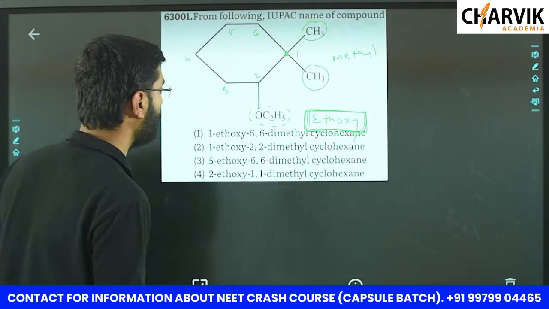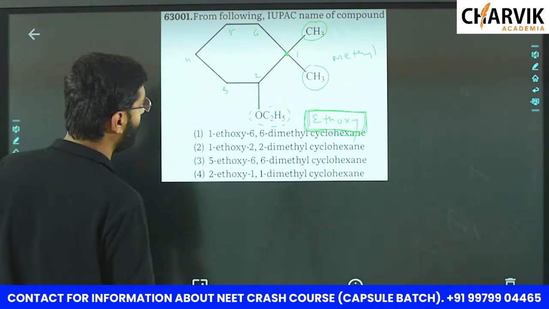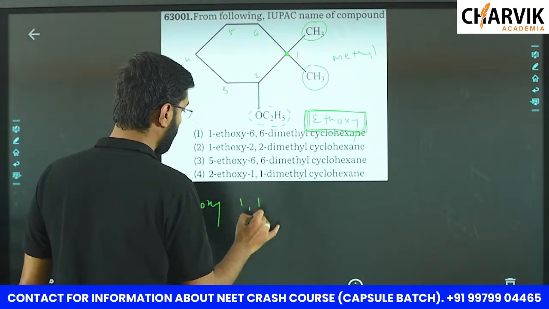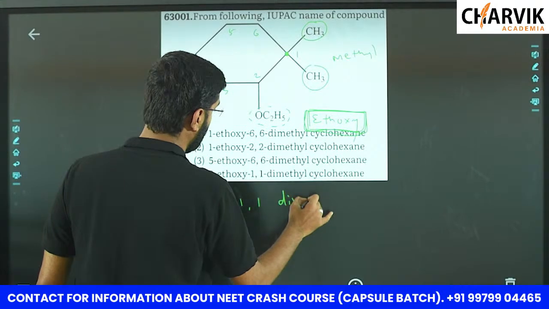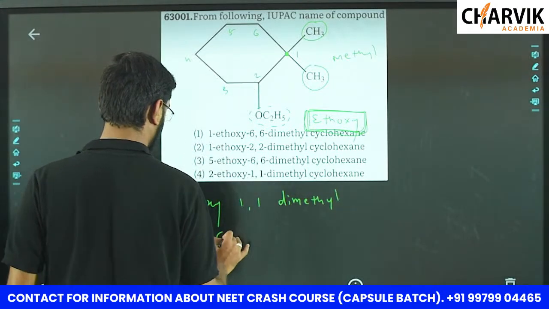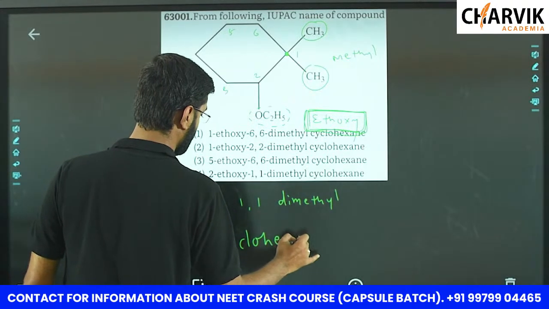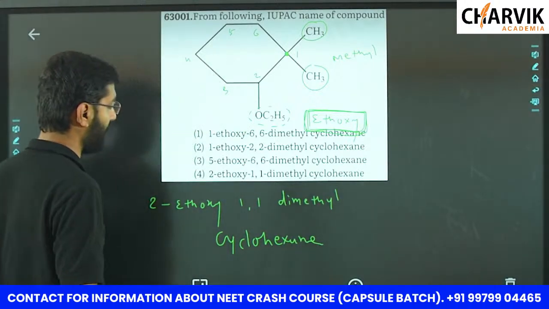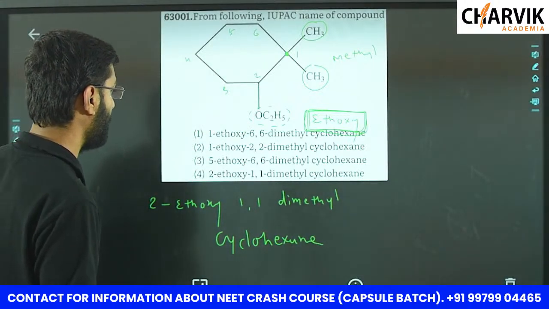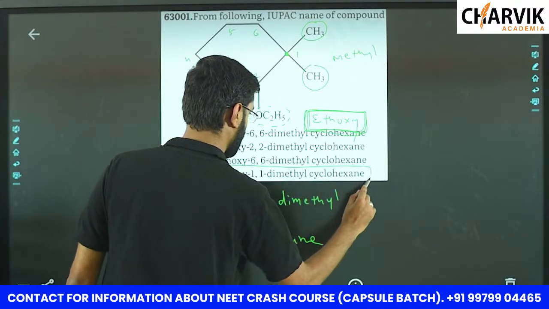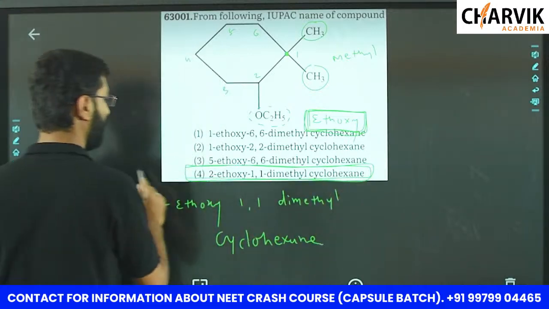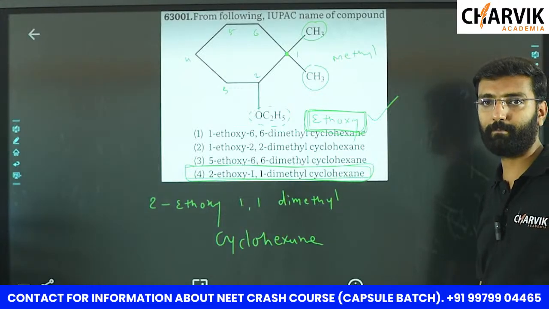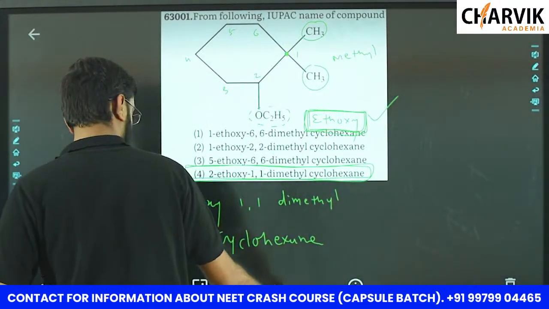Ethoxy gets priority, and the IUPAC name of this compound is 2-ethoxy 1,1-dimethyl cyclohexane. This is your fourth option. Right? According to the rule, ethoxy gets priority. Right? Okay. Move to next.